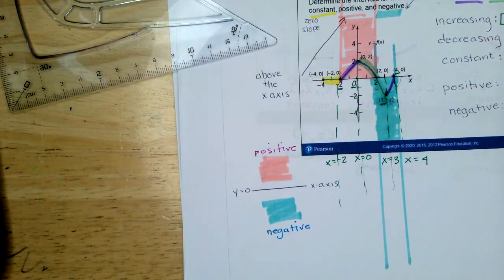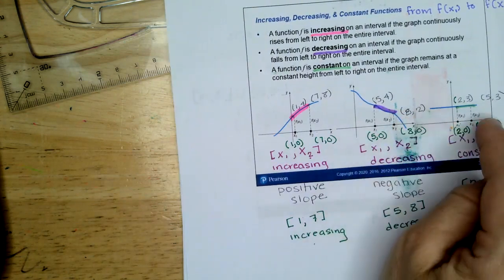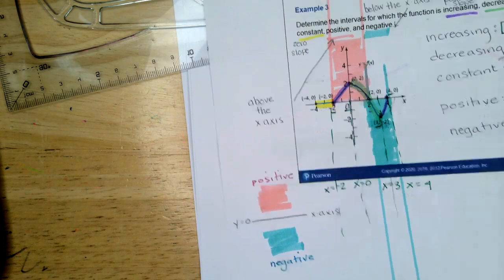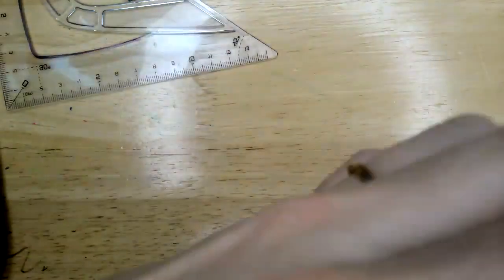And then we know the rest of it, right? We know that this is increasing, that's decreasing, that's constant, that's positive, that's negative. Totally different questions, but they'll show up on the same question.